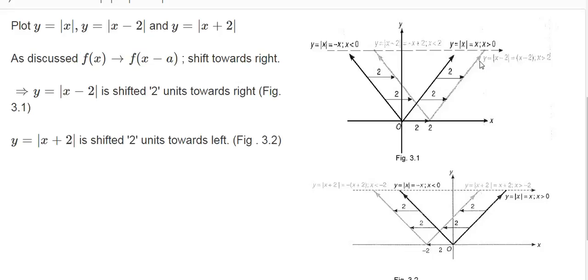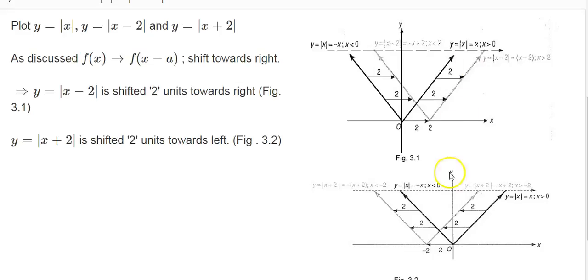But initially for 3-4 problems, try to do it empirically. Like if we put y is equal to 0 in this graph, we get the value of x is equal to 2. So it means the origin has shifted from (0, 0) to (2, 0). So the graph has moved towards the right.